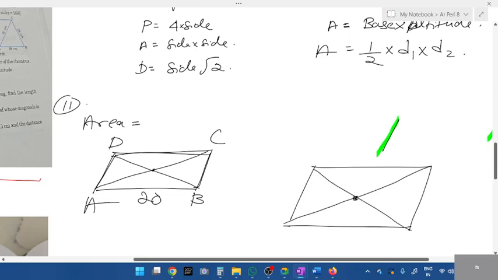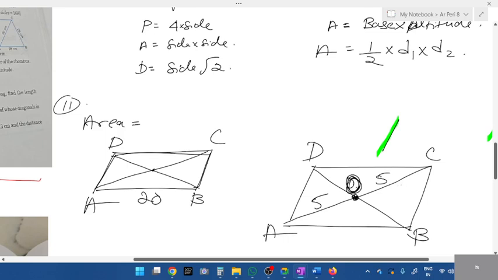They will meet at a common point O. I'll name it as A, B, C, and D. In AC, what's the center here? What's this middle point? Isn't it O for AC? And even for DB it is O, right? Where they meet. So the value of AO will be the same. If AO is 5 centimeter, OC also will be equal to 5 centimeter.